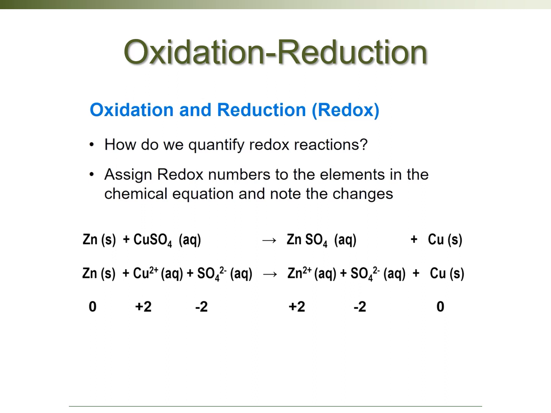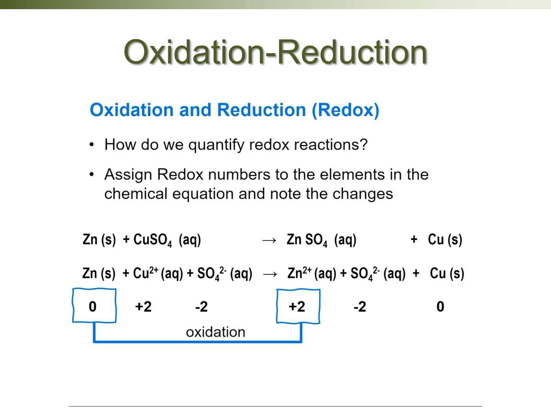On the left side of the transformation arrow, zinc had an oxidation number of 0, and on the right side, that went to a +2. So what happened to zinc is that it gave up a couple of electrons to sulfate, essentially, and it became an ion of itself. So when you lose electrons, you undergo oxidation.